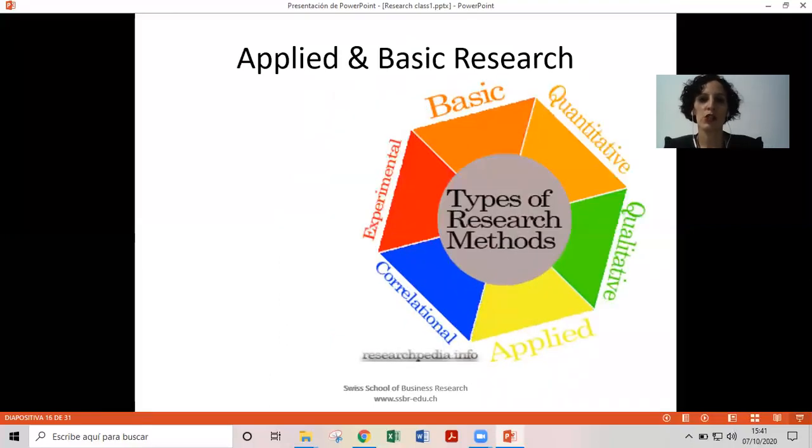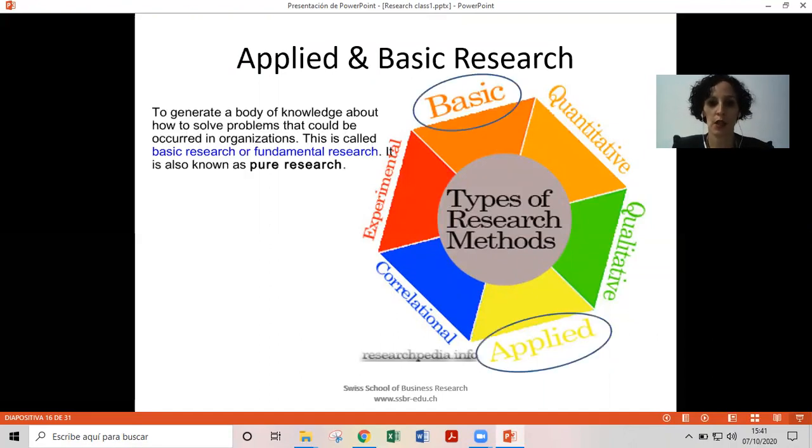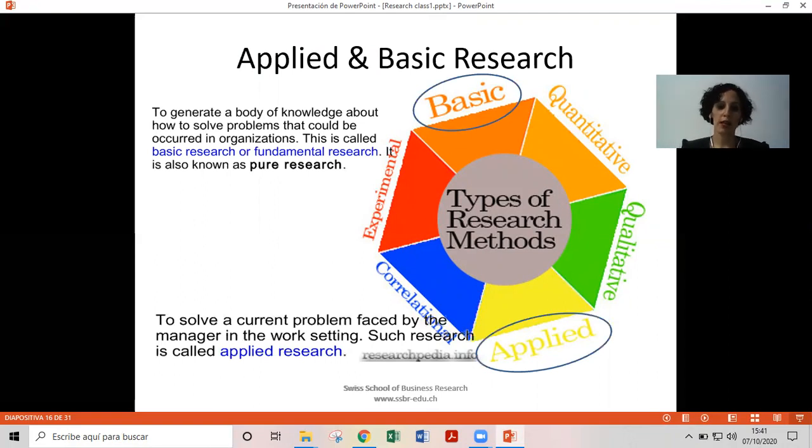The main research types that are used in business settings are distinguished between applied and basic. Basic is research that is done to become more knowledgeable. This is called basic research.